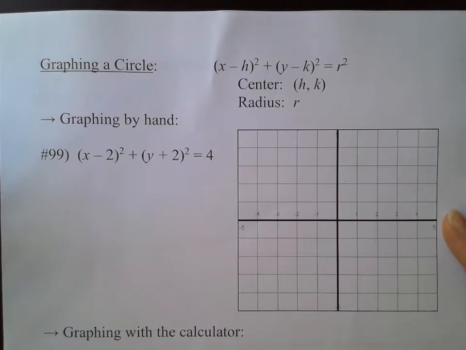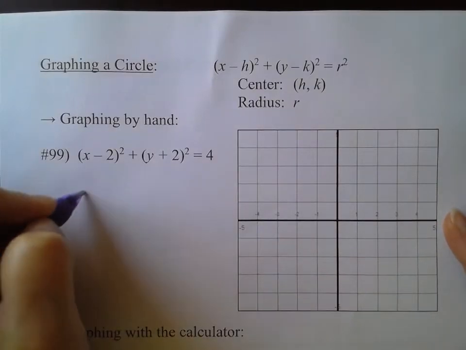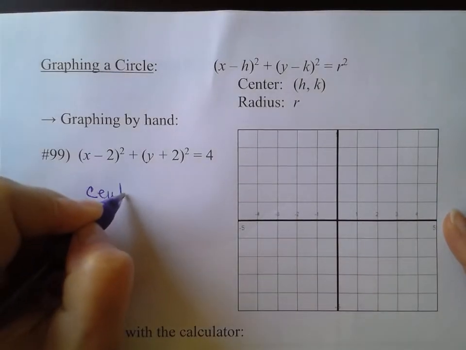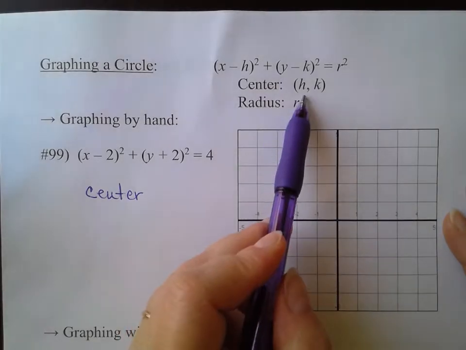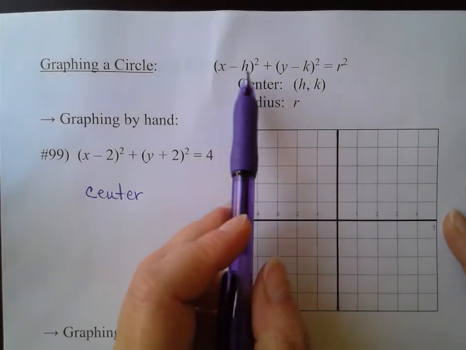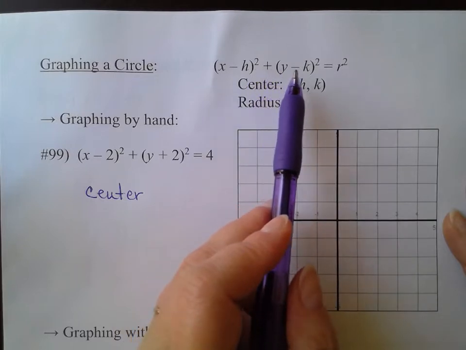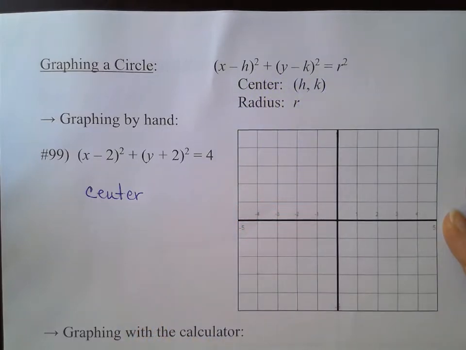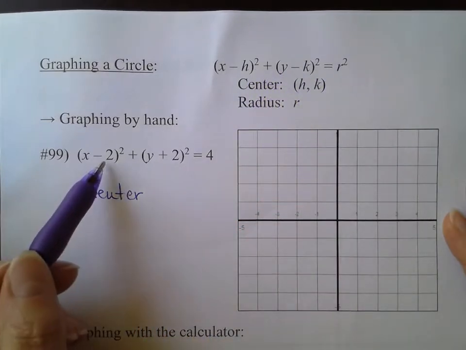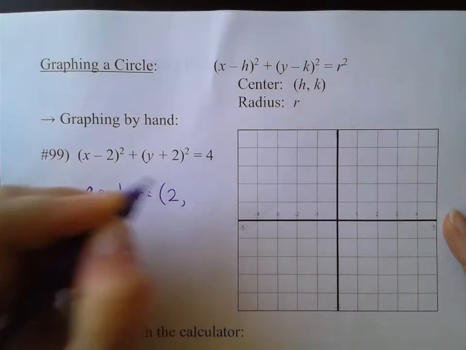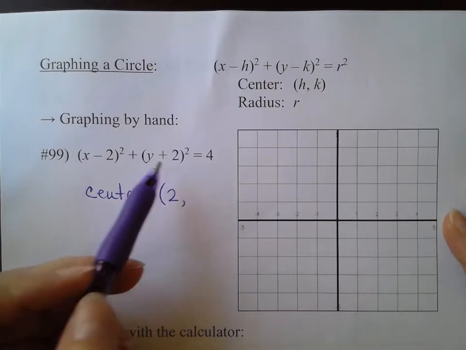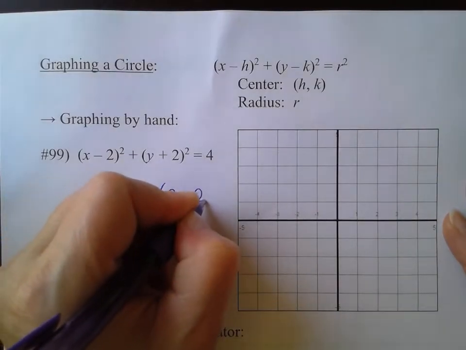If I wanted to graph the circle by hand, it's good to identify both the center and the radius. So the center is the H and the K. This is like the shifting, and this is the format of the equation that we have for a circle. So the H here would be a 2, and the K here would be a -2.